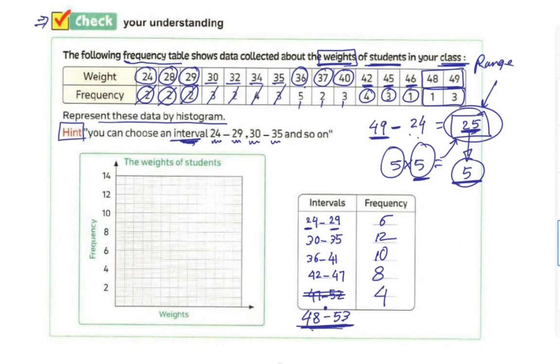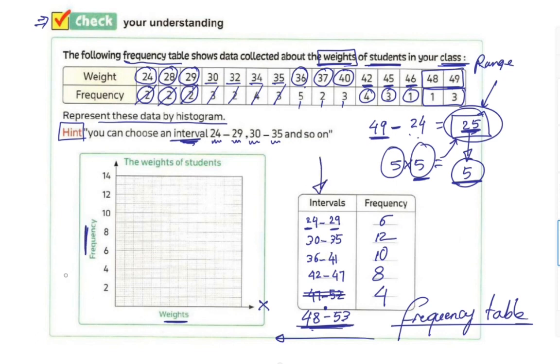That's the end of it. Now we made the frequency table. Now go to the x-axis and y-axis. The x-axis is for weights, and I will put the intervals on the x-axis and frequency on the y-axis.